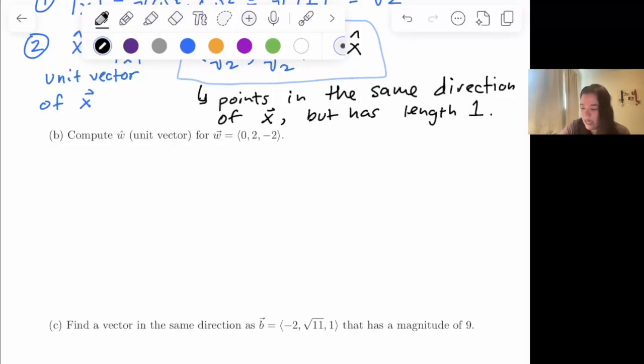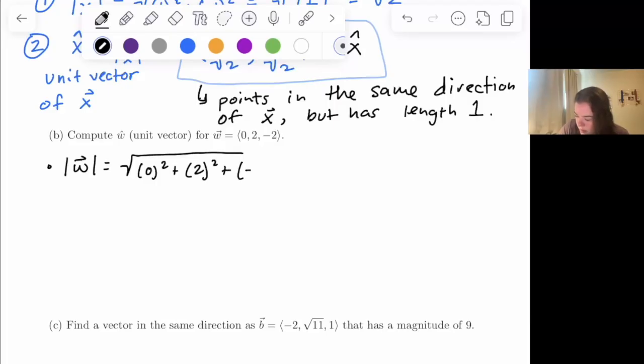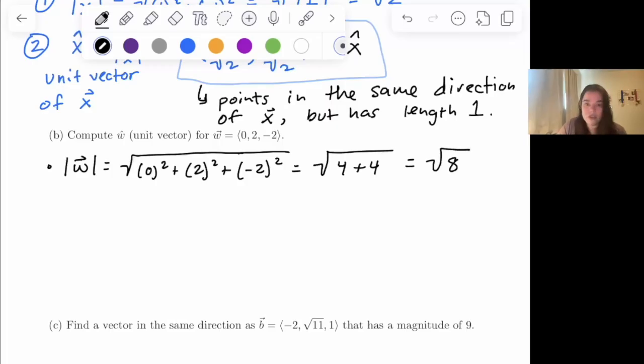Let's create this again, following our process. The first step is to find the magnitude of vector w, using the Pythagorean theorem for 3D. Clean up, and be careful of your signs. So the length of vector w is the square root of 8. Again, you could go to simplest radical form; I'm not going to.